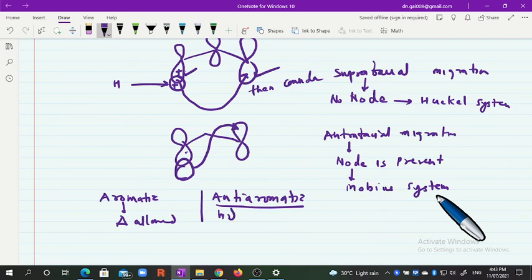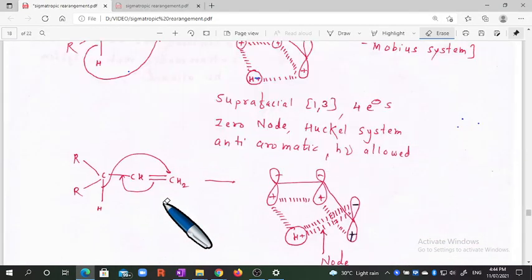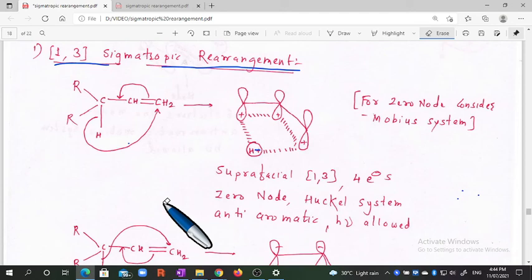So these are some important features of the Huckel-Mobius method. For understanding, we have an example. In this one, we have to consider which system is aromatic and which system is anti-aromatic.